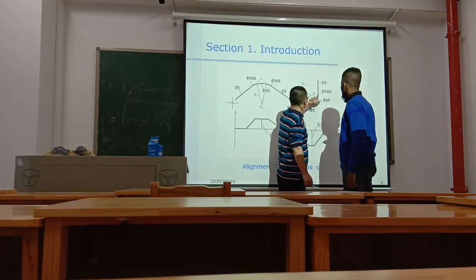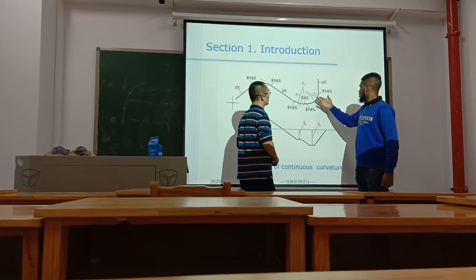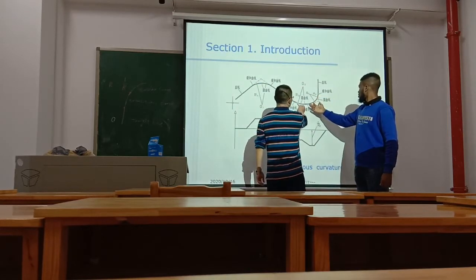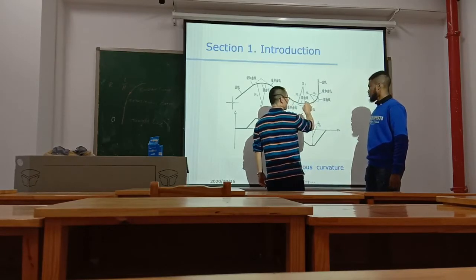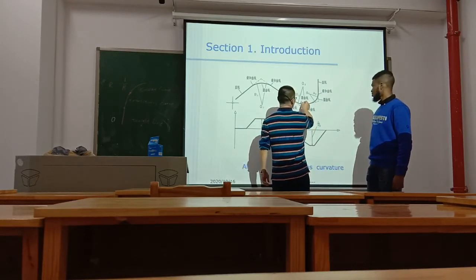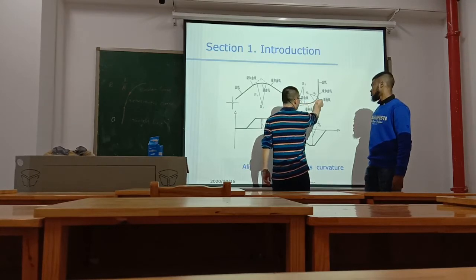Transition curve. Straight line. So actually, how can we know the transition? It's difficult to understand because this is a circular curve and this is a circular curve.